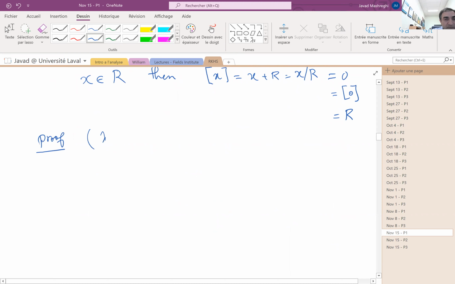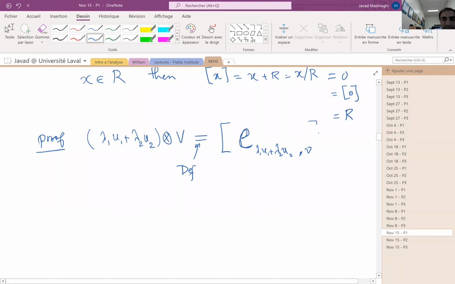What is lambda 1 u1 plus lambda 2 u2 tensor v? By definition, this is the coset created by this element, whose first index is lambda 1 u1 plus lambda 2 u2, and the second one is v.